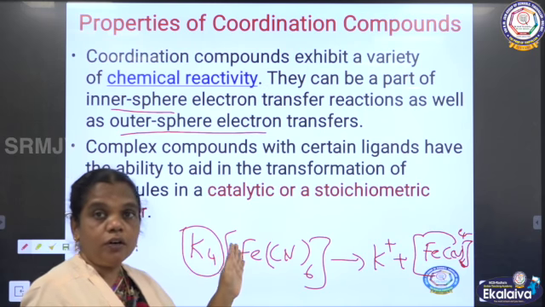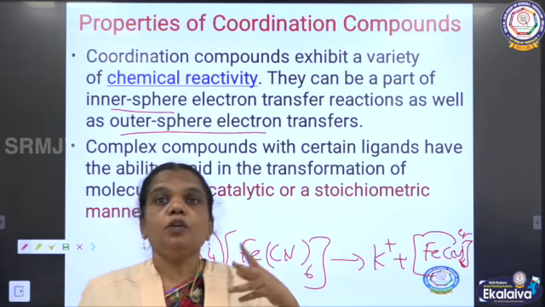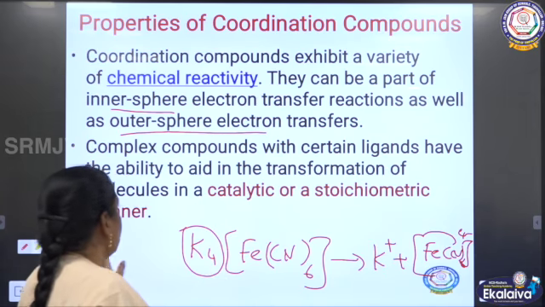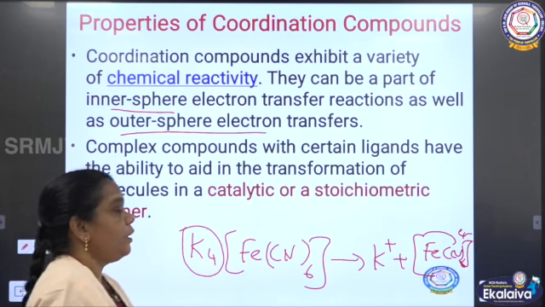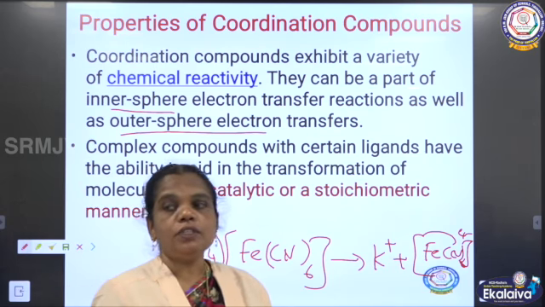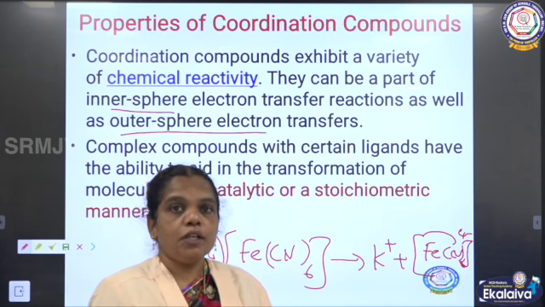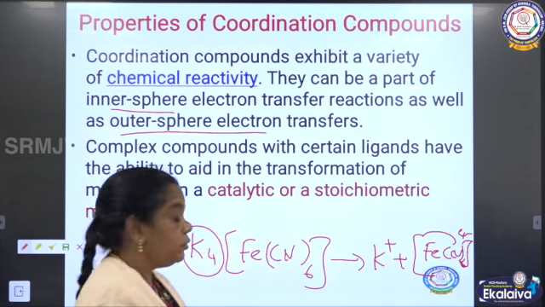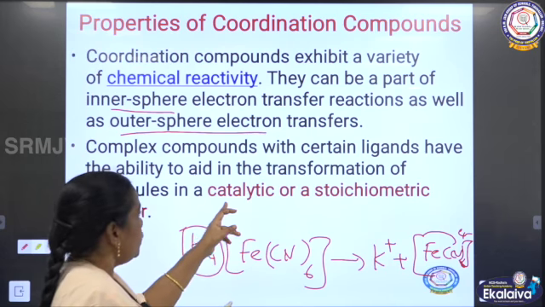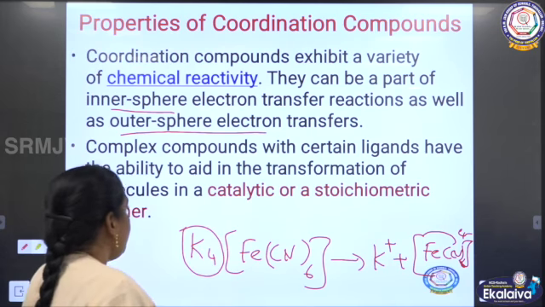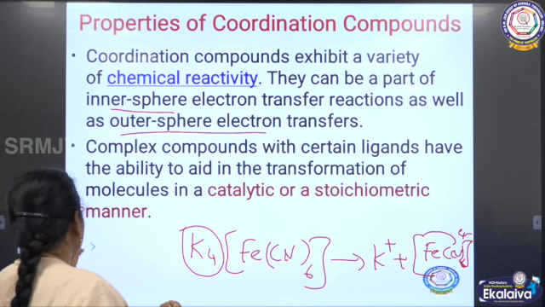So, electron transfer in coordination compounds takes place in two different ways, so that they can show the catalytic property. Due to this transfer of electrons in two different ways, most of the elements or molecules can show what? Catalytic property, as well as they can act in a stoichiometric manner.